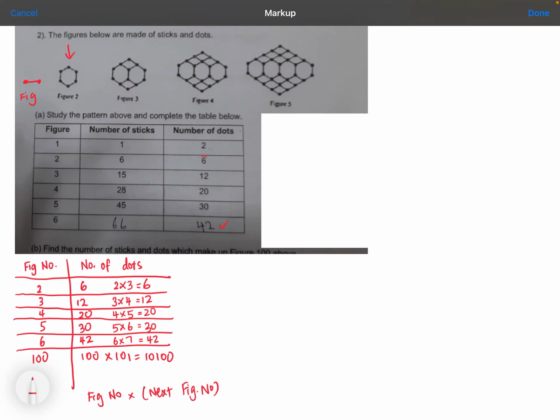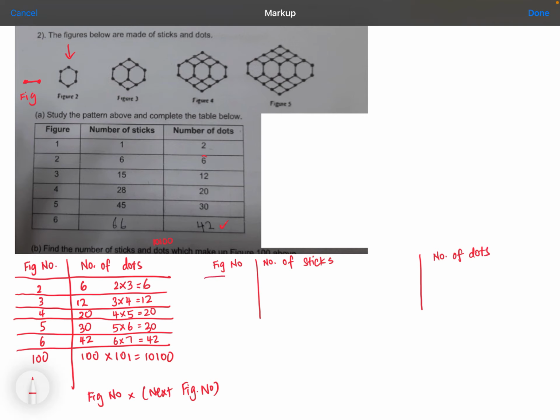So I've already figured out this answer, as well as part B, where they ask you to find the number of sticks. Let's write all of this down first. I would have the figure number, the number of sticks, and the number of dots.